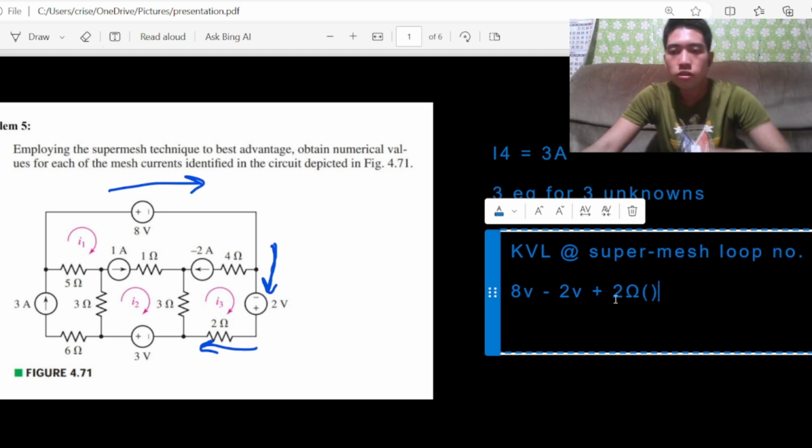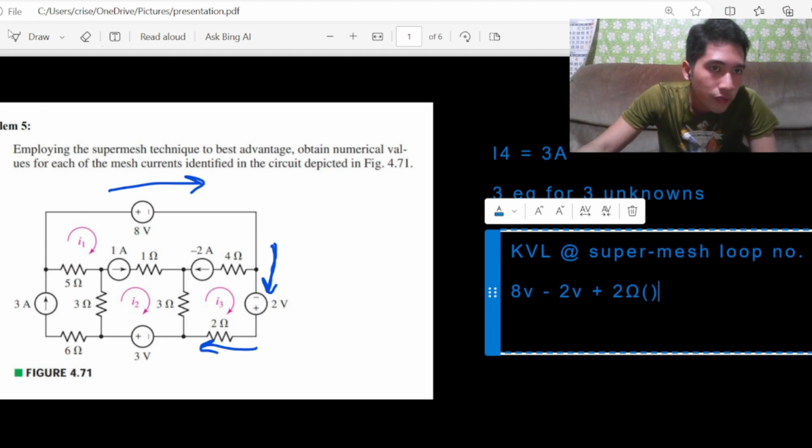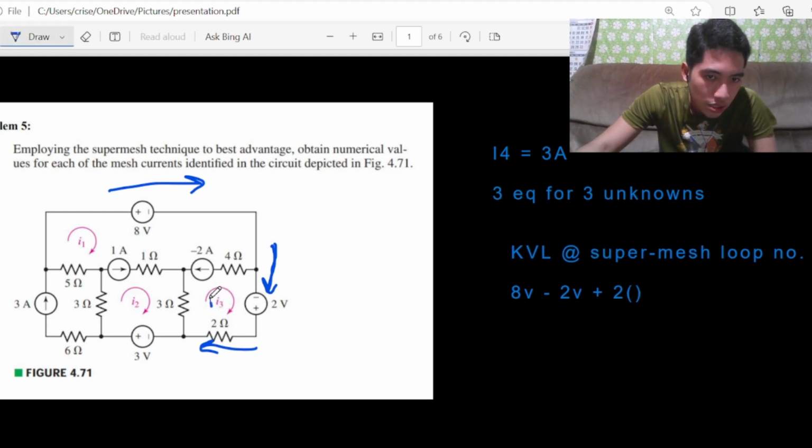But remember, in order to have a voltage across a resistor, you must have a current. So we're going to label the current as I3, since this is the mesh current going through this direction. So it's going to be 2 ohms times I3.